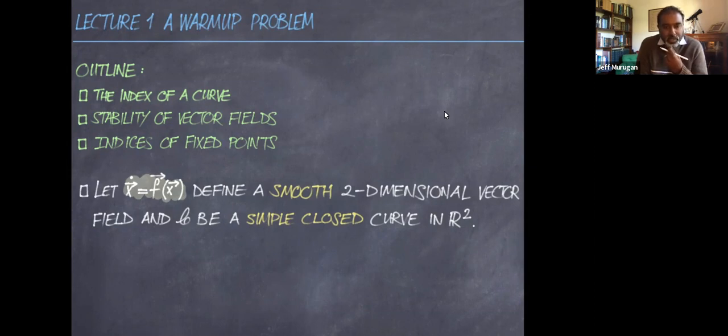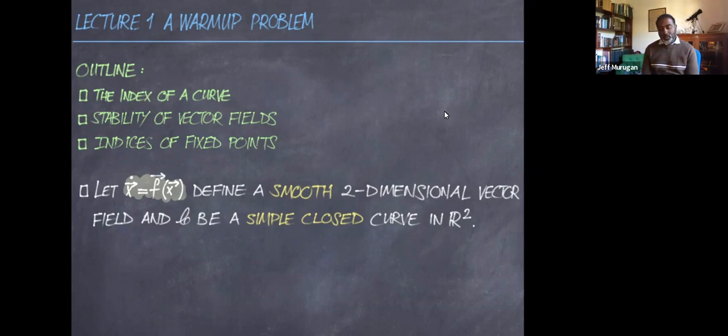And my differential equation is x dot equals some vector valued function of the vector x. And the differential equation defines for me a smooth 2-dimensional vector field, by which I mean that this function f is smooth, meaning infinitely differentiable function. It's an element of C infinity.